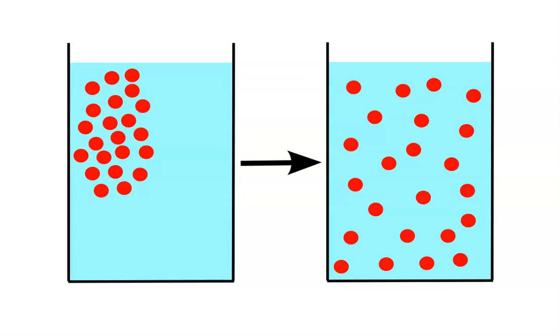And so even though this is like a solute in a solvent, this is also an example of diffusion. Now, if you have a density that's greater, it tends to sit on the bottom, or less dense tends to sit on top. It will still eventually move so that they're all even. Again, an example of diffusion. Typically, when we talk about diffusion, we're only talking about gases, but it can occur in solutions as well.